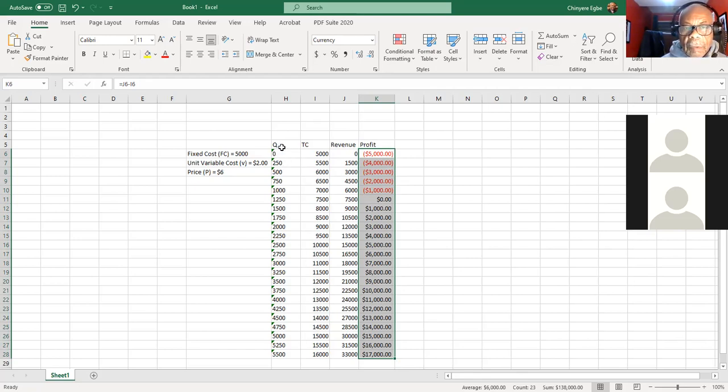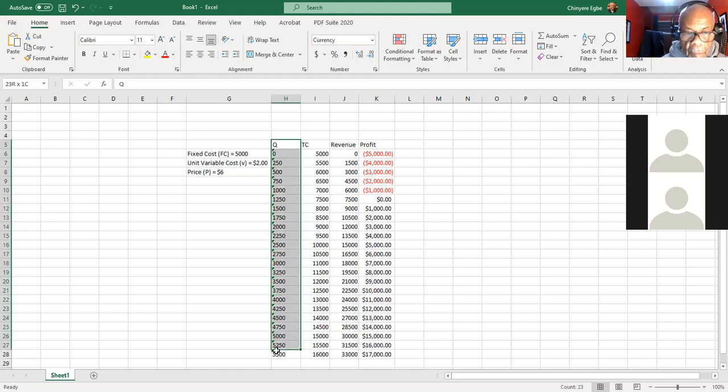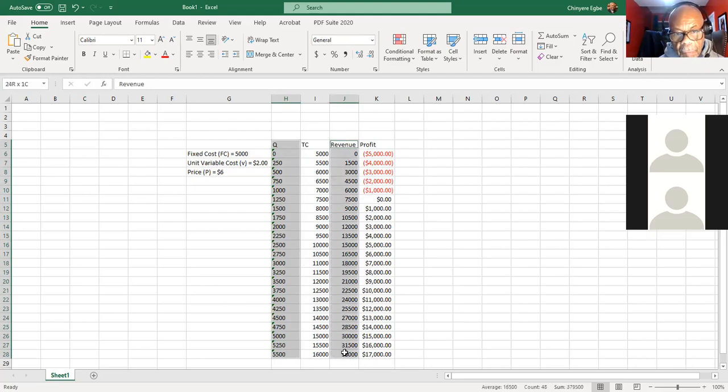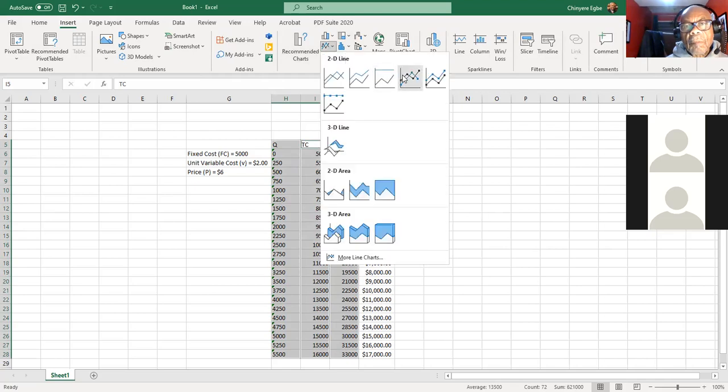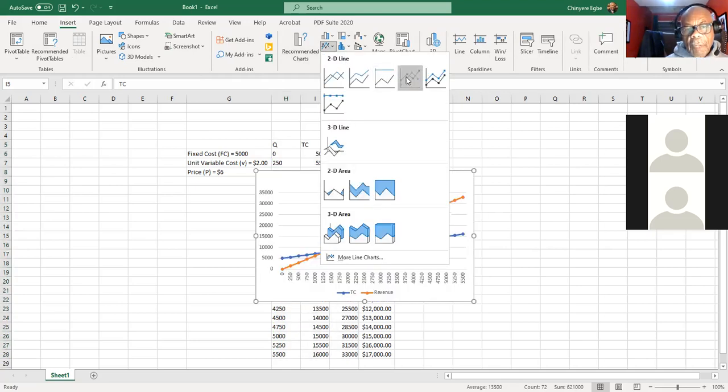So we'll plot quantity, plot revenue, total cost. As you can see here, let us first of all plot the chart. All right.